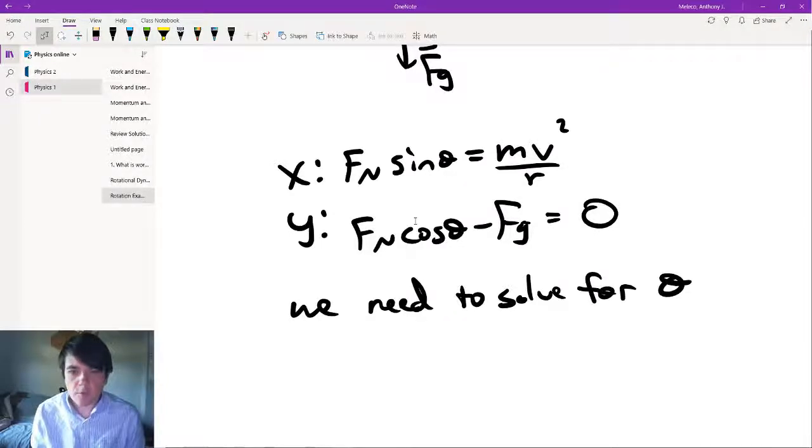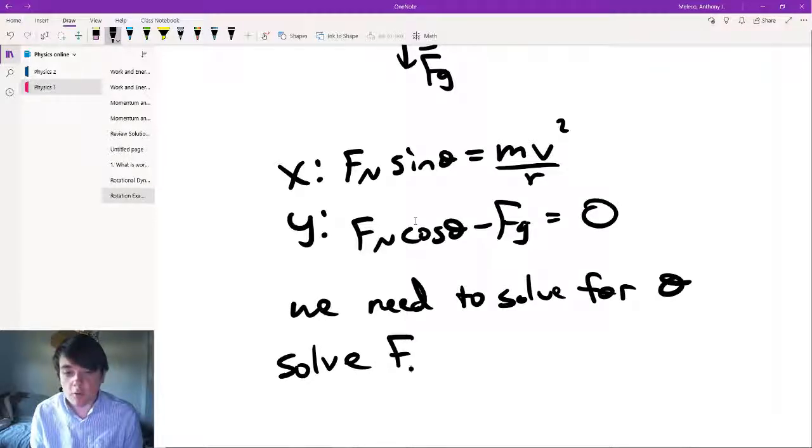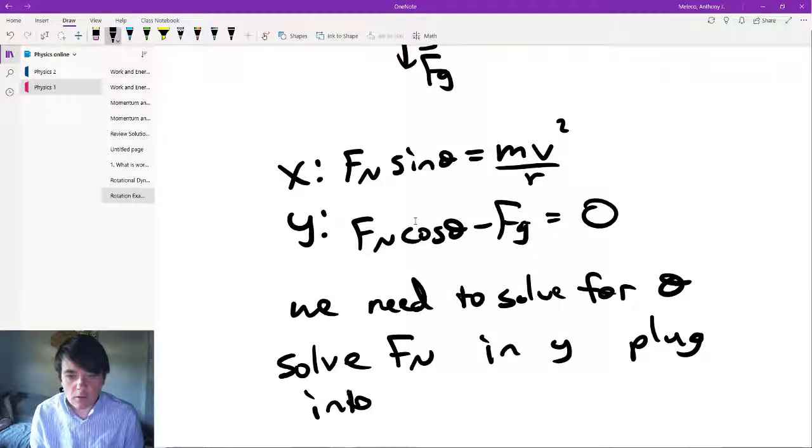So we need to solve for theta. Let's solve y for Fn first, because we have two equations and two unknowns, theta and Fn, so we need to solve for Fn in one, solve Fn in y, plug into x. Okay.